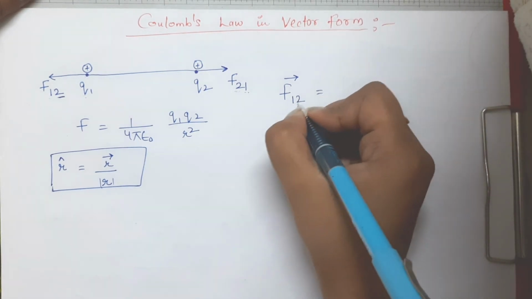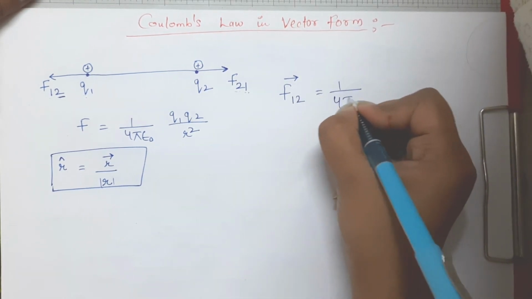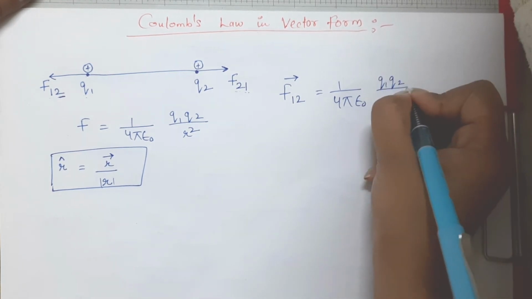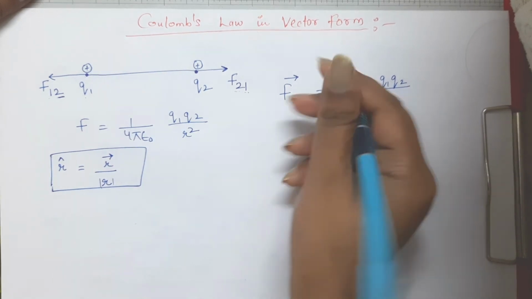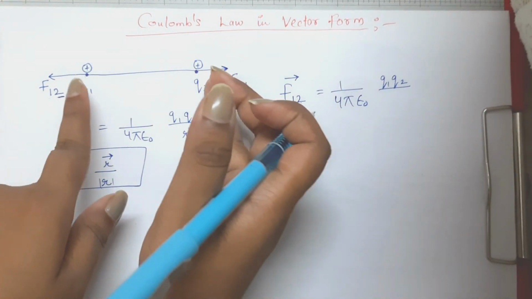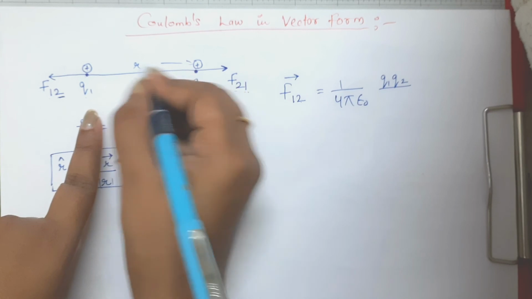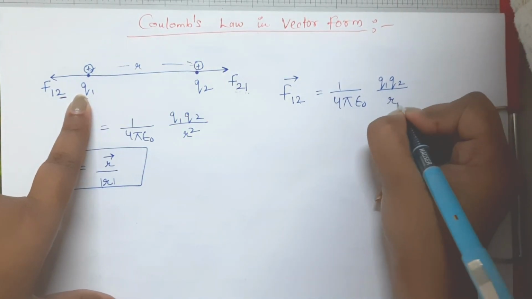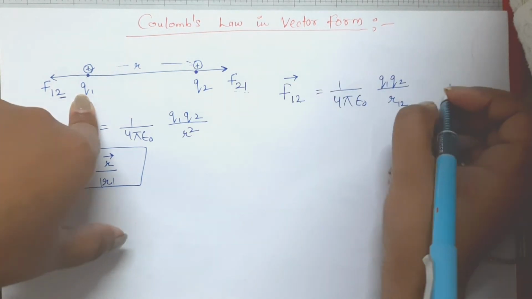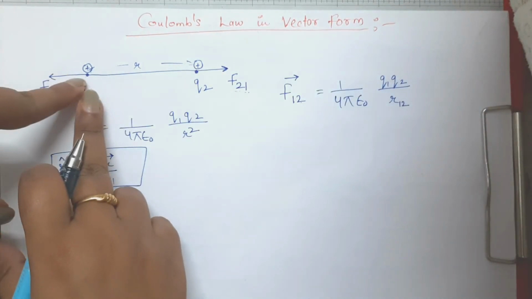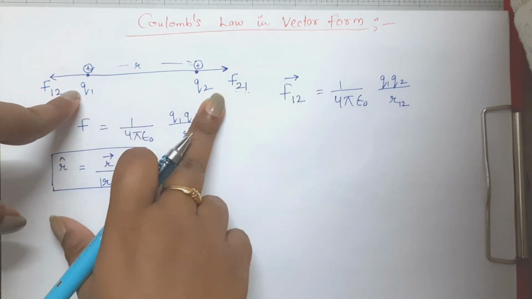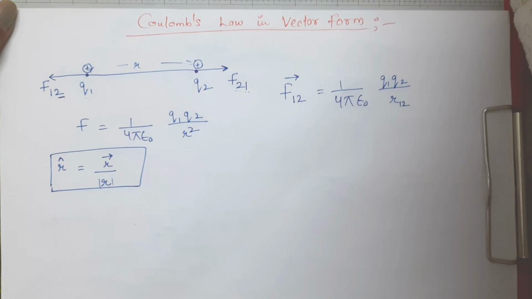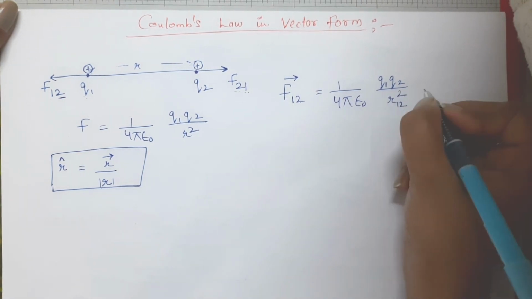So F vector of 12 will be equal to 1 by 4 pi epsilon naught q1 q2 by the r vector, the distance between them, r. Now we have to move from 1 to 2, so it will be r12, because we are moving from 1 to 2, and this will be squared.